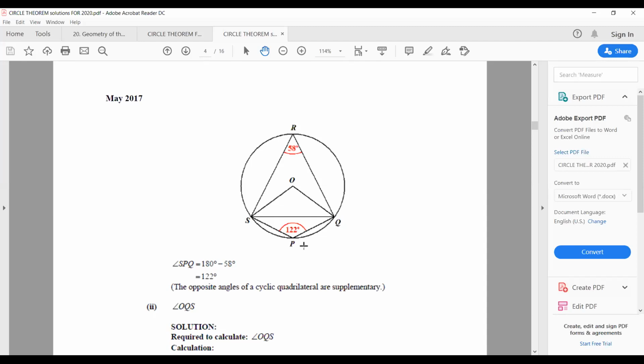And we would have gotten 122. Because you want to find out this here. This is a cyclic quadrilateral. So we know it's 180, so we just take away 58 from it, and we would have gotten 122. How many? If you get that, show by a raise of hands.